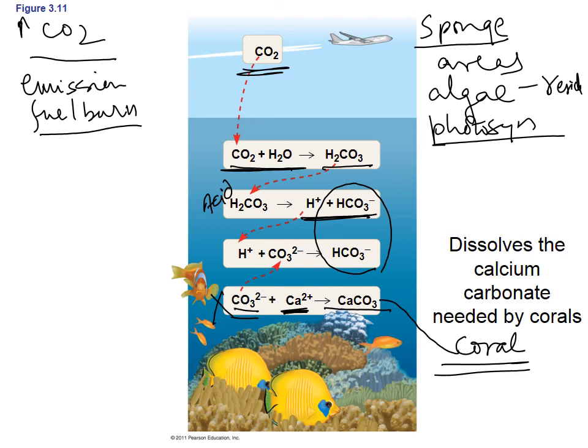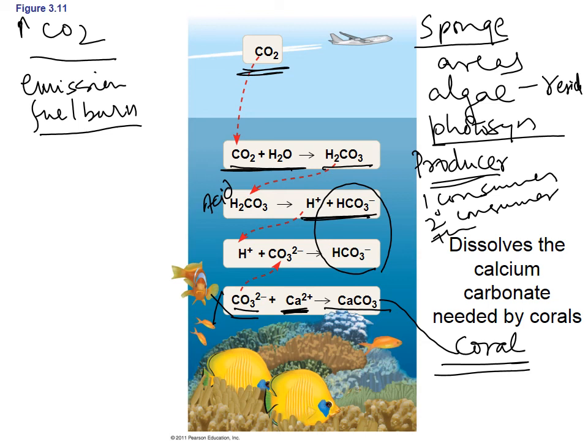And once it photosynthesizes, meaning I have a producer in place, then I will have the first consumer, then I'll have the secondary consumer, then I'll have the tertiary consumer. That means I can sustain a food chain. I can sustain life.